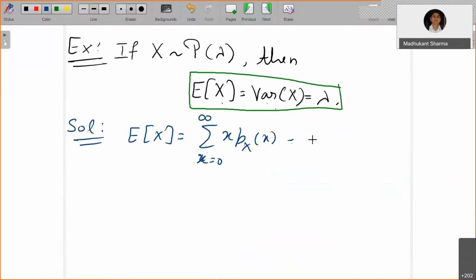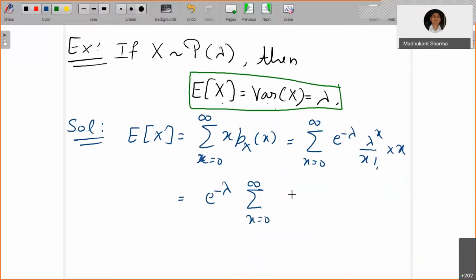So this equals the summation, x equals 0 to infinity, of e to the power minus lambda times lambda to the power x by x factorial, times x. Now e to the power minus lambda is out. This equals the summation of lambda to the power x by x factorial. Whenever x equals 0, 0 into something is 0, so I can start with x equals 1, and then I can cancel with this x. That's going to be x minus 1 factorial.